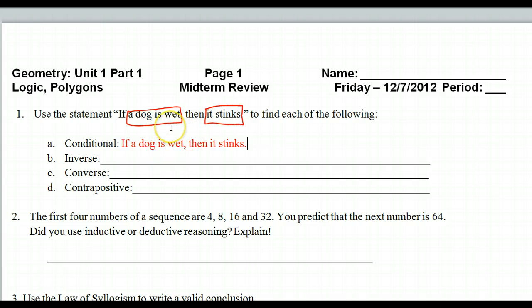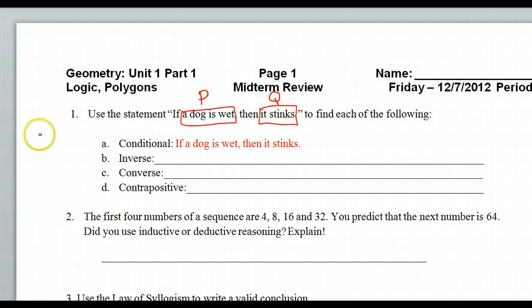Now, we often will model the hypothesis with the letter P, and we will model the conclusion with the letter Q. So a conditional is of the form if P, then Q. I'll use these symbols to mean if P, then Q.